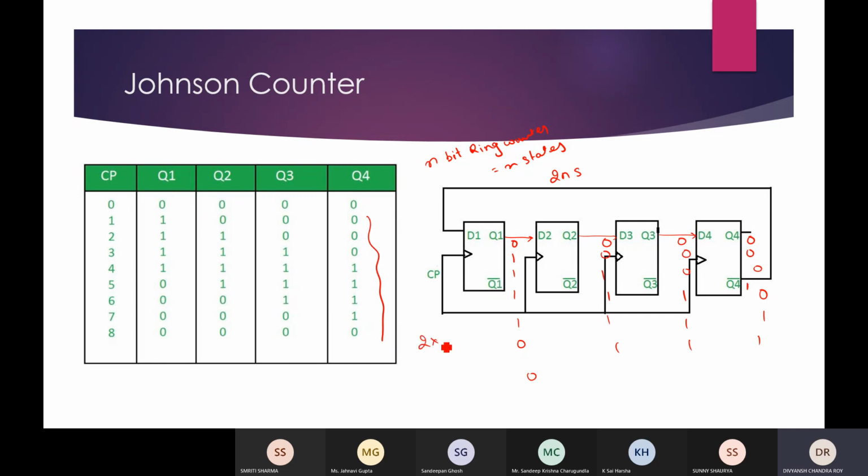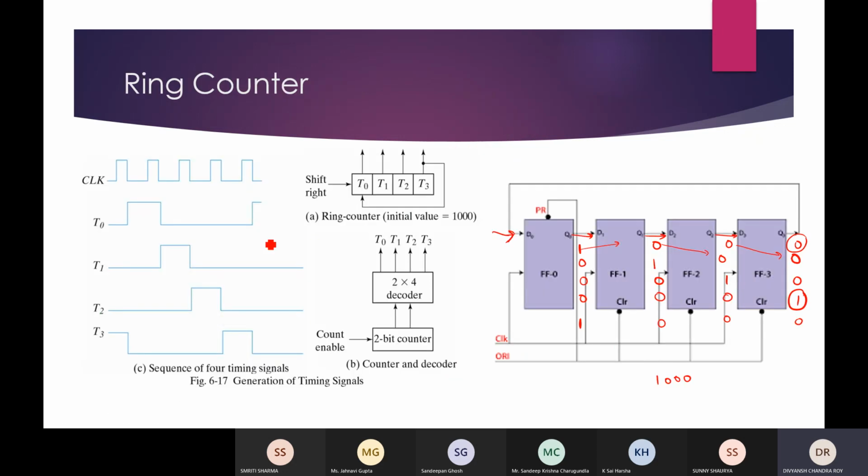So 2 into n, that is 4, gives 8 states. And if you see the previous one, we are getting only 4 different outputs, like 1 0 0 0, 0 1 0 0, 0 0 1 0, and 0 0 0 1. So here we are using 4 flip-flops, and we are also getting 4 different states.